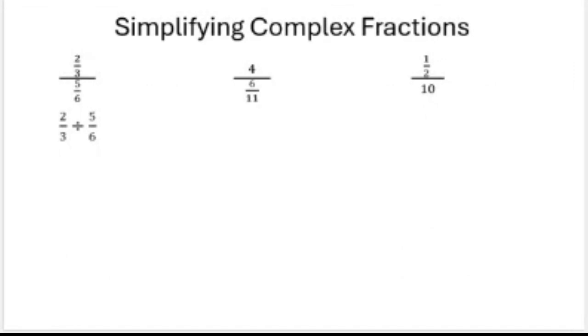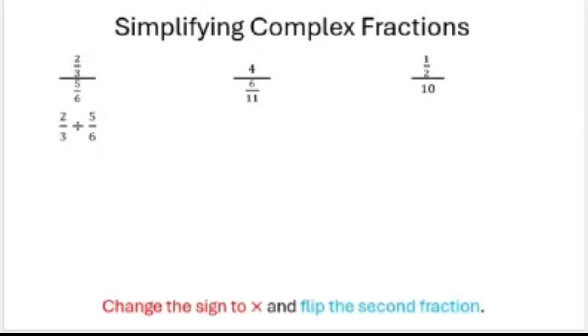2/3 over 5/6 is 2/3 divided by 5/6. And now remember our rule for division. We change the division sign to a times, and we flip the second fraction, like so. And now we can proceed, multiply the tops and multiply the bottoms. 2 times 6 is 12, 3 times 5 is 15.